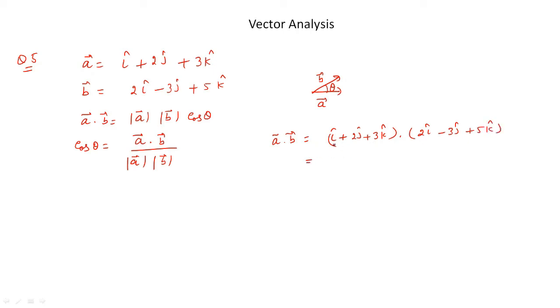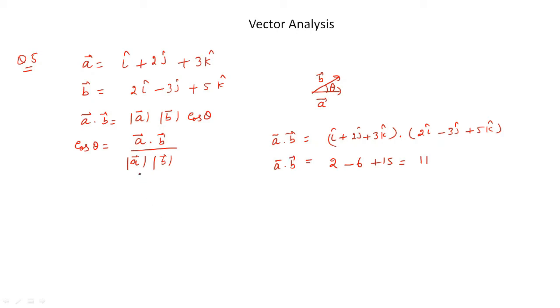So when we solve it, i dot i is 1, so it will give you 2. j dot j will be 1, so 2 into minus 3, it will be minus 6, plus k dot k is 1, then 3 into 5, it will be 15. So here your value will be 15 plus 2, 17, minus 6, 11. So here A dot B is equal to 11.